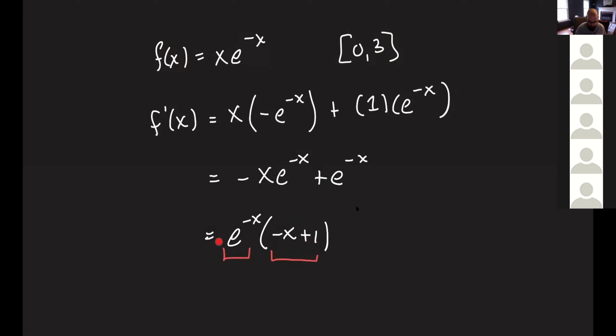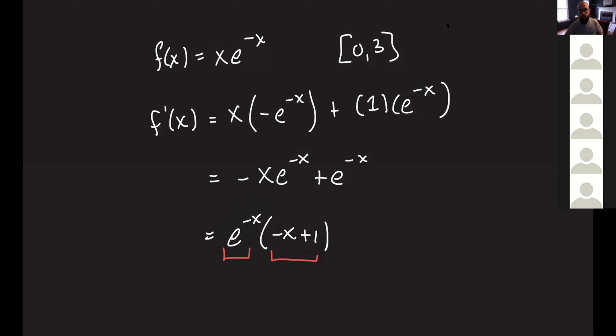But the question is, does e to the minus x provide a place where this is going to become 0? The answer to that question is no. Any exponential function will never become 0. The outputs are always positive.